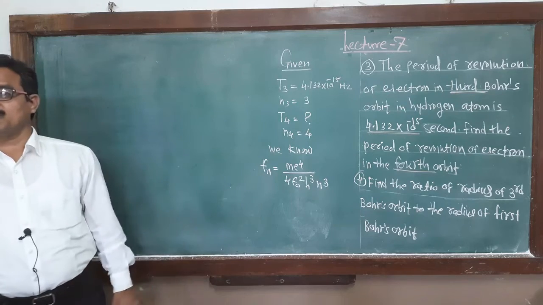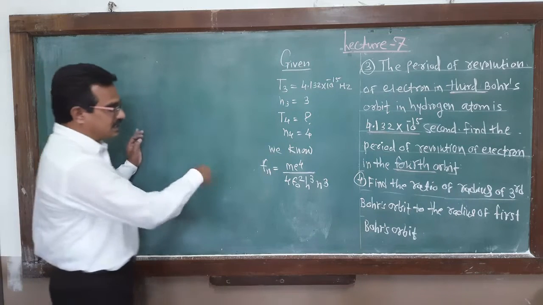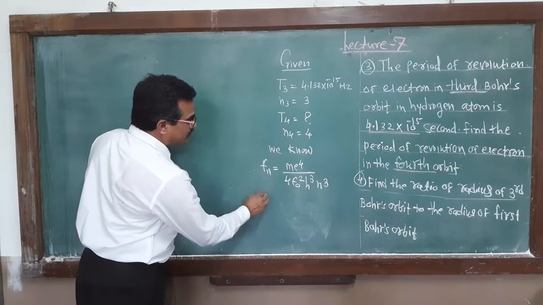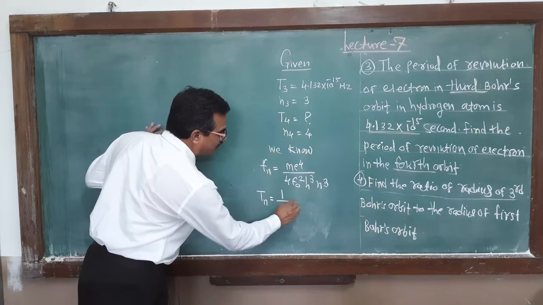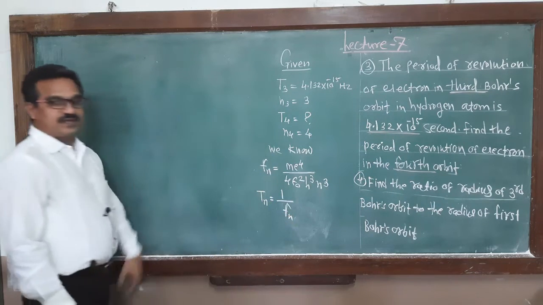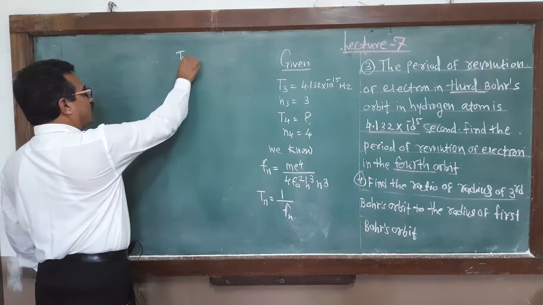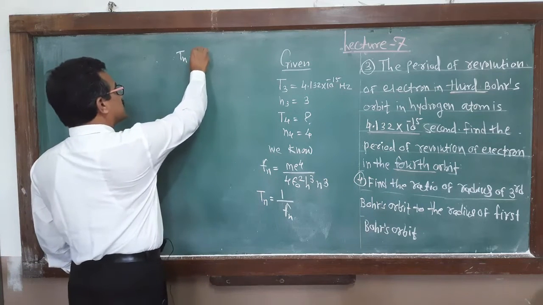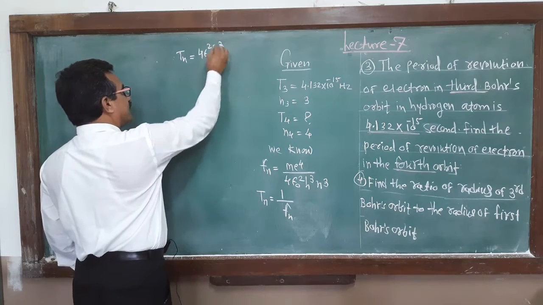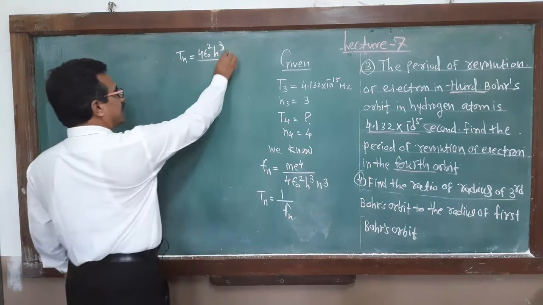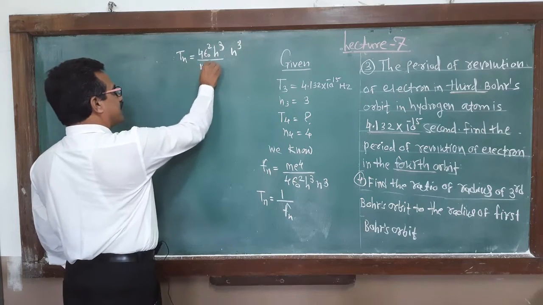This is the expression for the frequency of revolution in the nth orbit. From this equation, we know that the period in the nth orbit is the reciprocal of the frequency. Therefore, the period in the nth orbit is equal to 4 epsilon 0 square h cube n cube divided by m e raised to 4.